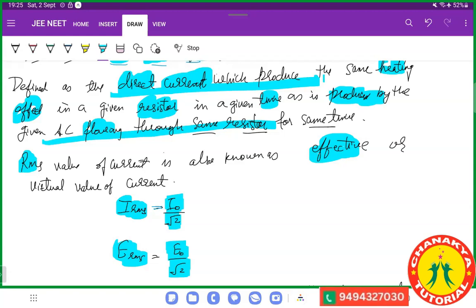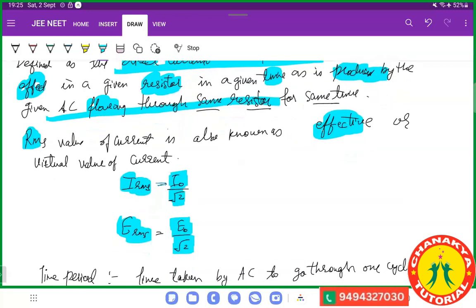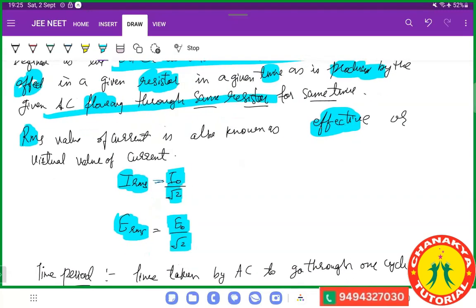Until and unless they mention peak value or max value, or use some other words, we will assume it as the RMS value of whatever is given, let it be current or voltage. This thing we need to fix.